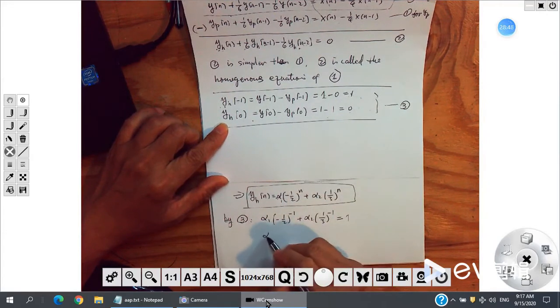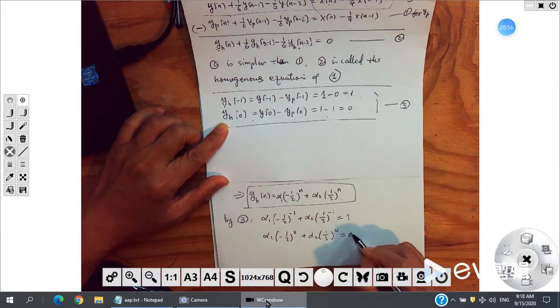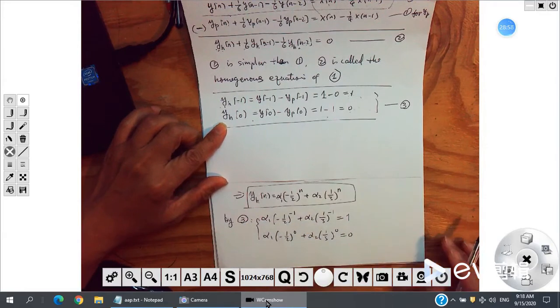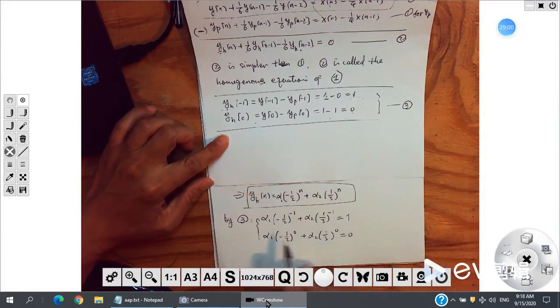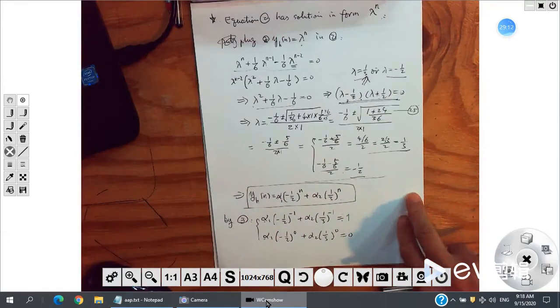So alpha 1 times negative 1/2 to the 0 plus alpha 2 times 1/3 to the 0. This should be 0. Okay, I have two equations and two unknowns. Alpha 1, alpha 2 are unknowns, right? We have two equations, two unknowns, so we can solve it. We can solve to find alpha 1 and alpha 2.